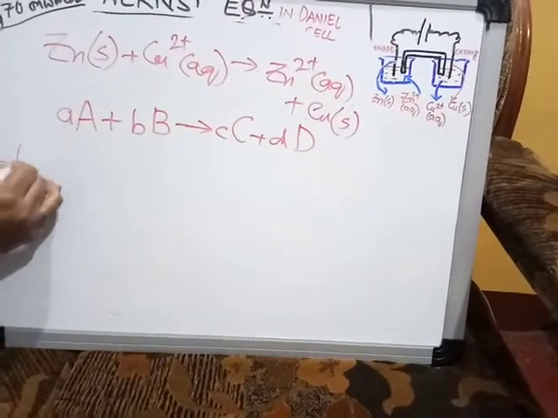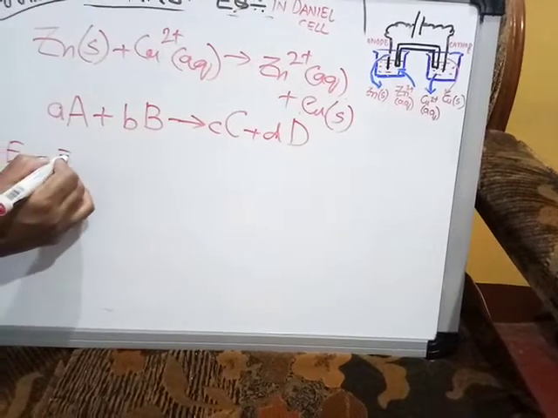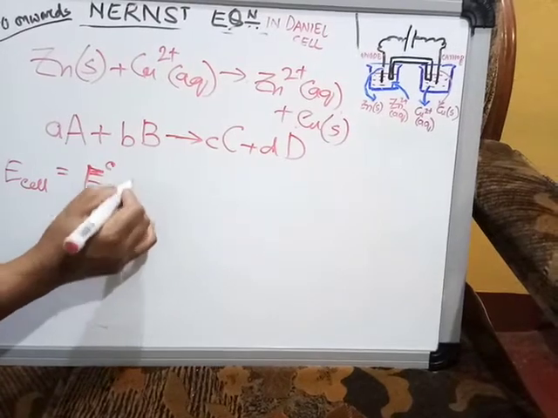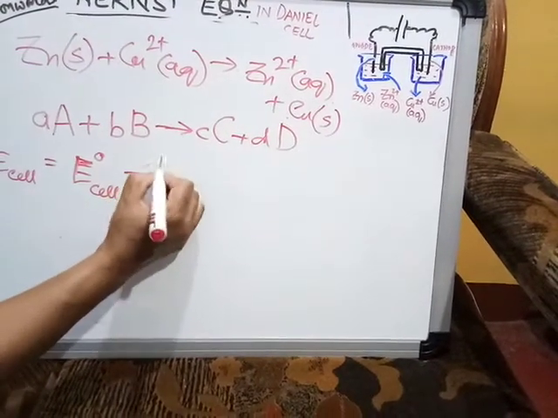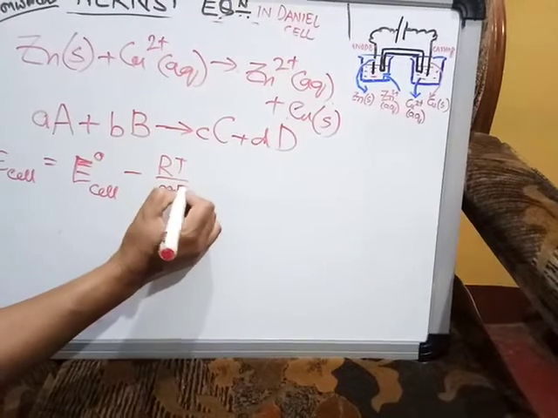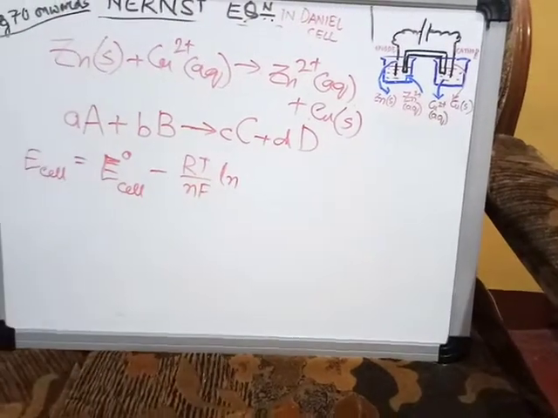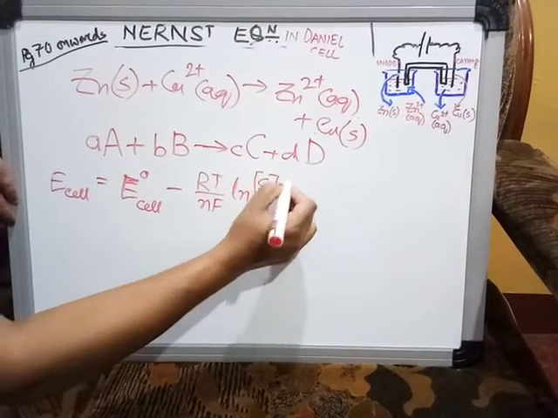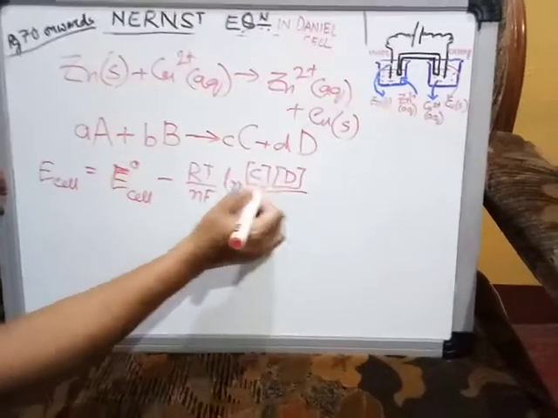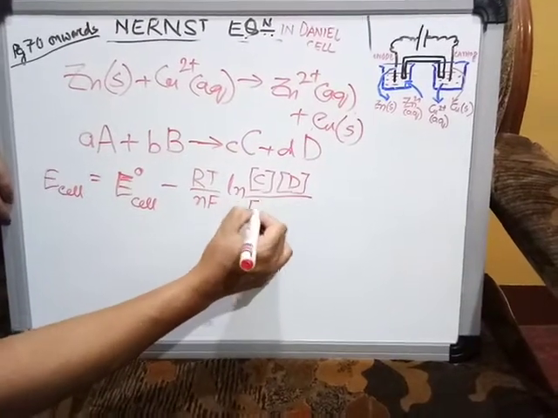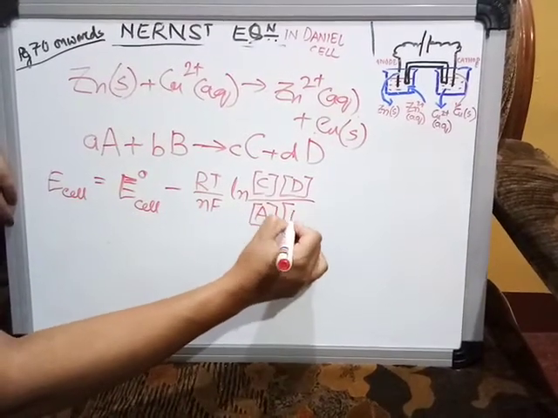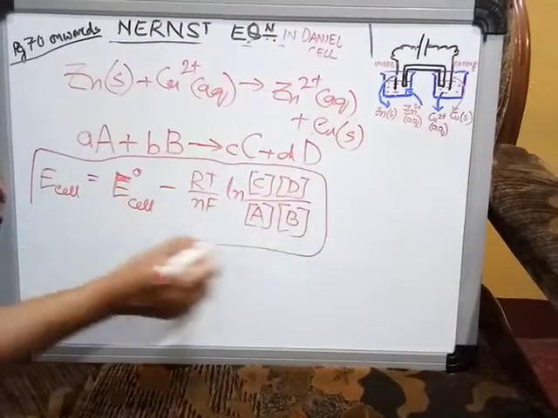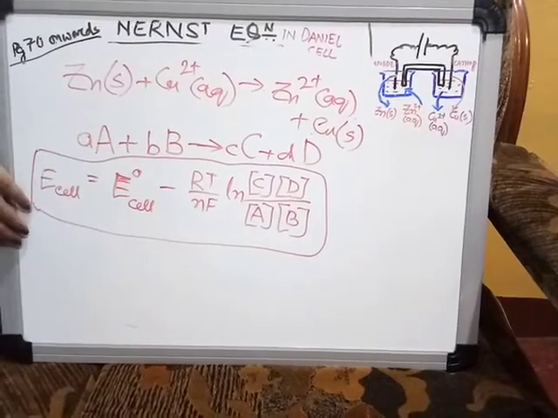So Nernst equation for this will be E cell is equal to E0 cell minus RT by nF ln of, always, concentration terms multiplied of the two products divided by the concentration terms of the two reactants. So this is the Nernst equation for a general equation like this.